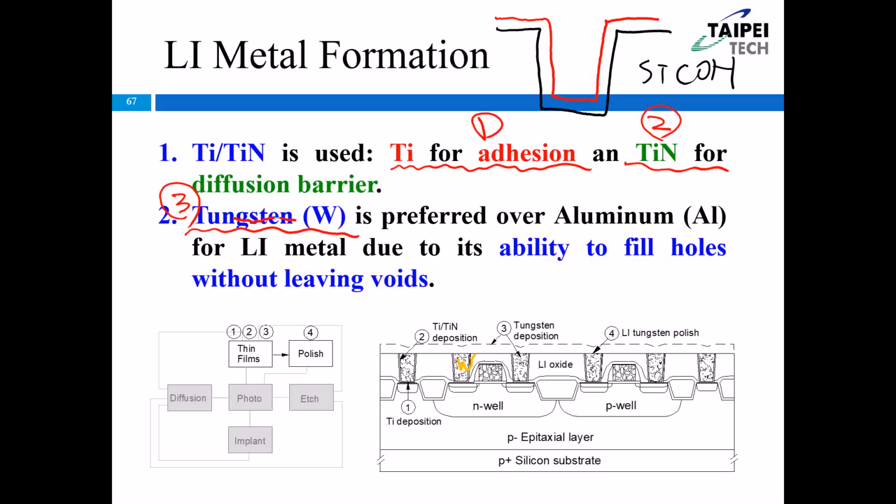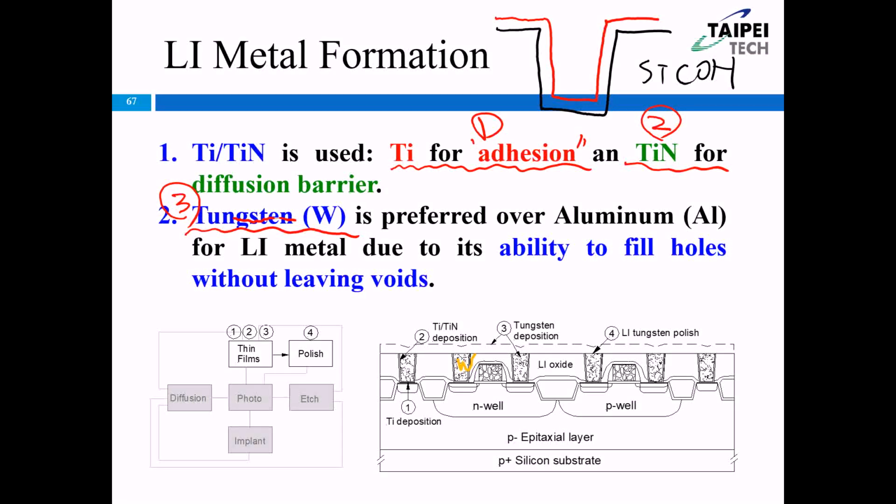The purpose of the Ti is adhesion. Because Ti is a pure metal, and pure metal is very easy to oxidize with the outside. If I put the Ti here, Ti can be oxidized by SiCOH. So Ti can be a very good adhesion layer between tungsten and the outside. That's the reason we need to use the Ti first.